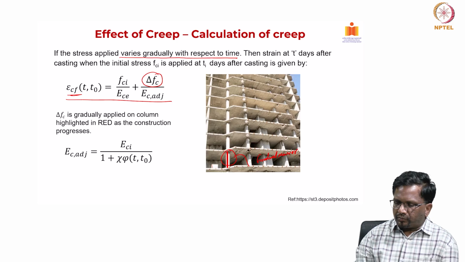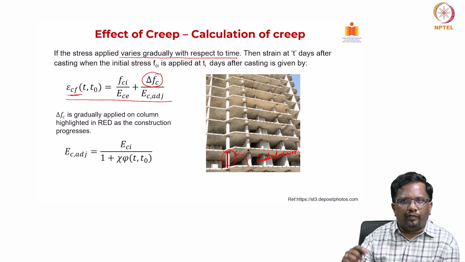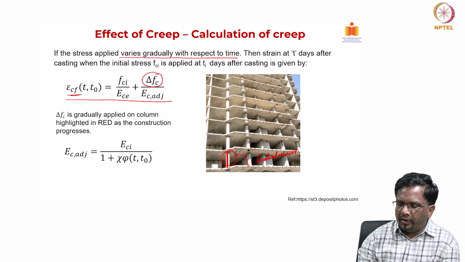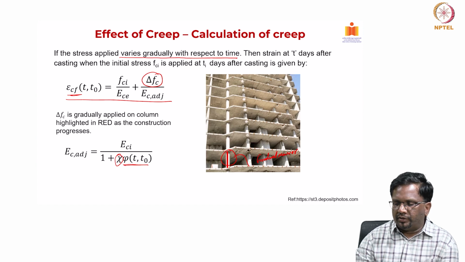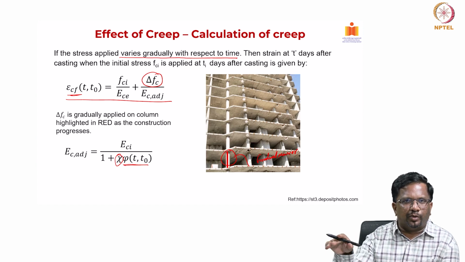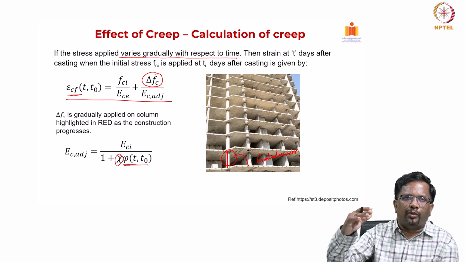Okay. Now, to account for that, for example, if you take this red color column where it is being loaded very slowly, then I cannot actually use this EC adjusted model. I have to reduce by some factor called a reduction factor or an adjustment factor. So, this is how we calculate your EC adjusted, not just by ECI by 1 plus phi into T naught, that phi has to be reduced, so that it accounts for the gradual loading of the column.